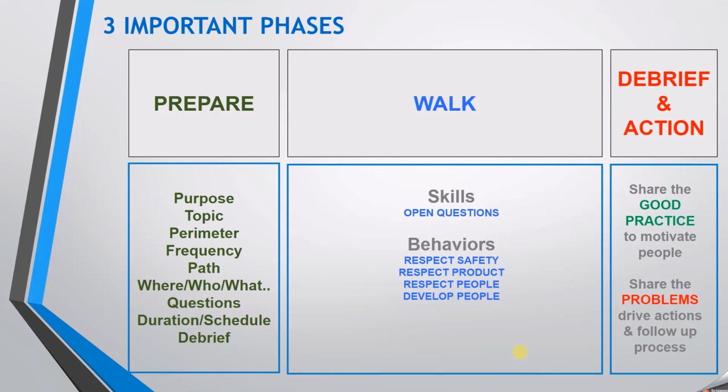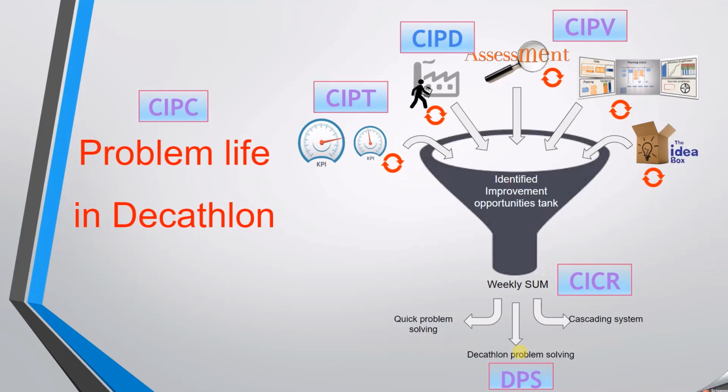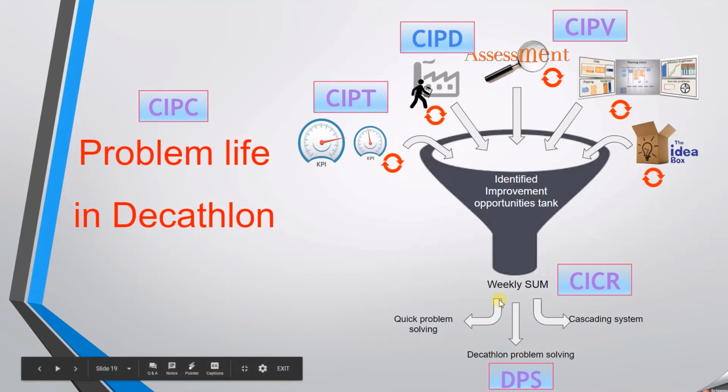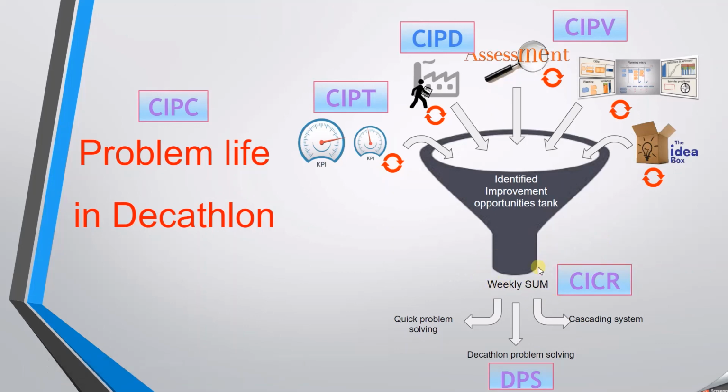You will also debrief what you saw, like problems, to the appropriate people during the appropriate routine linked to the problem life in Decathlon. So perhaps during the stand-up meeting that you have in your routine structure.